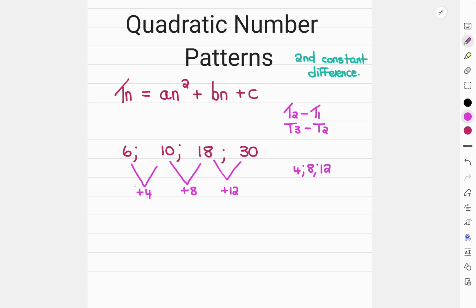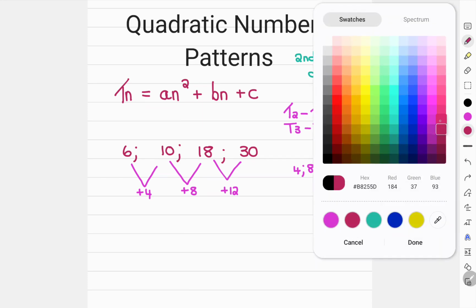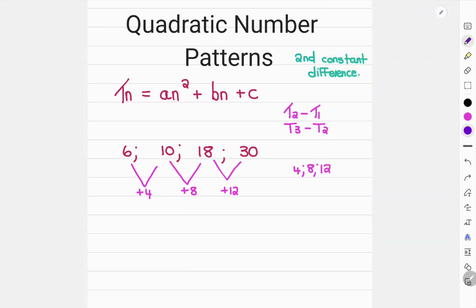I know that's a mouthful, but just remember that it is a linear number pattern because after that it's got a constant difference. Now we're moving into our second constant difference, which is plus 4 every time. Can you see that that is a constant? It will always end up in a second constant difference.